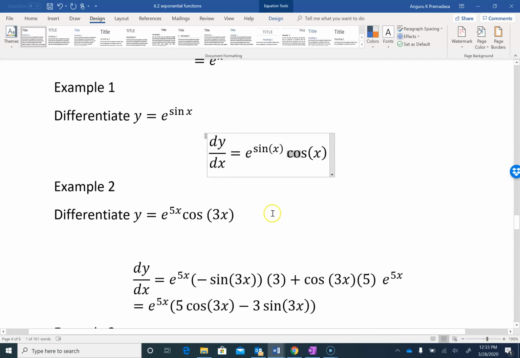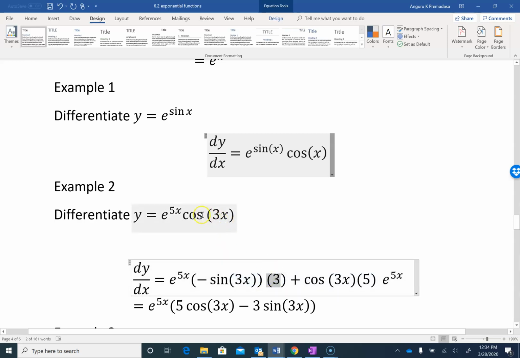Let's take another example: e to the 5x times cosine 3x. Now we need to use the product rule. So the first piece, e to the 5x, times the derivative of the second piece. Now you use the chain rule. From outside, you only see cosine of some junk, so the derivative is negative sine 3x. But you still need to go inside, and you see a 3, so you multiply by 3.